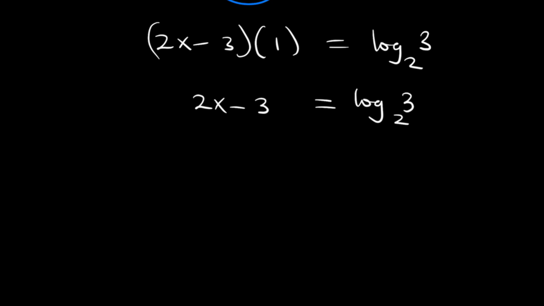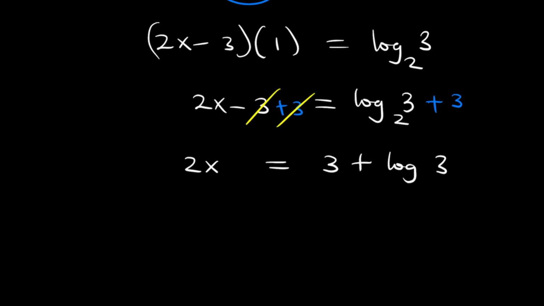And to solve this linear equation, we simply add 3 to both sides. And when you do that, this takes care of this, and you are left with 2x here is equal to, I'll write this as 3 plus log 3 base 2.